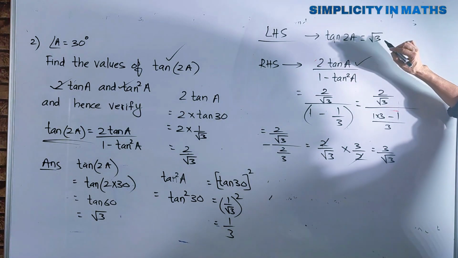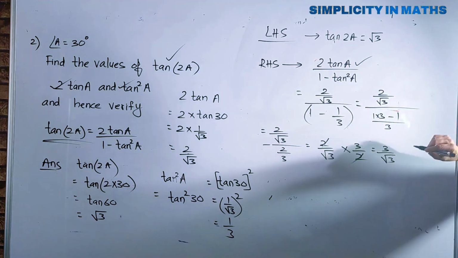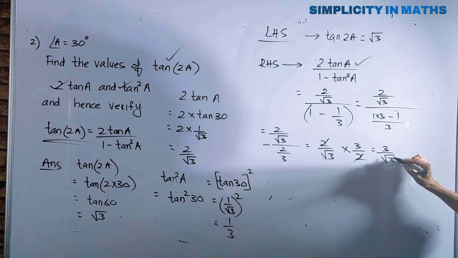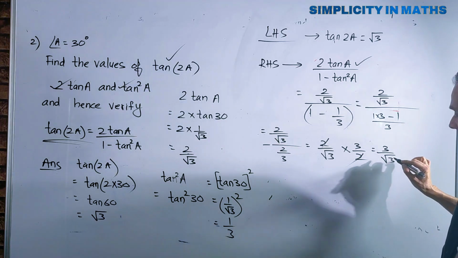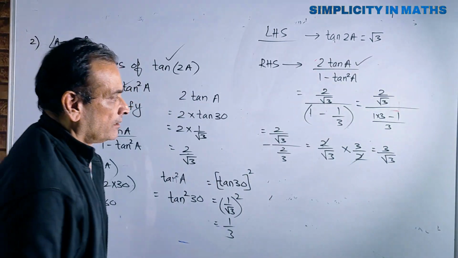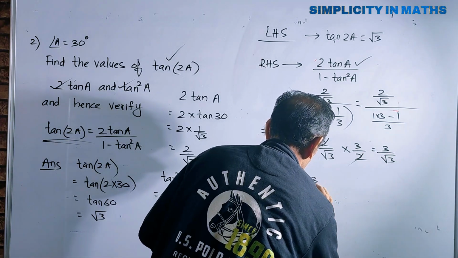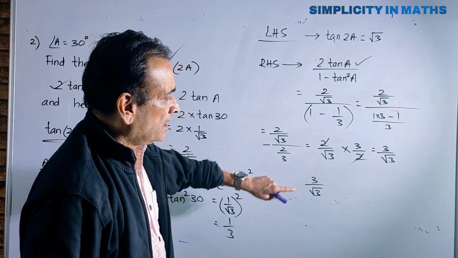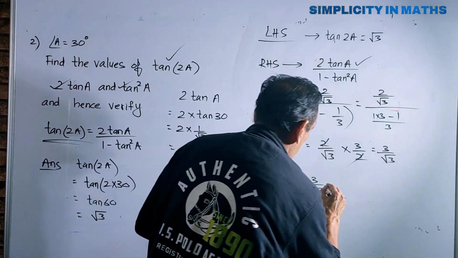We want LHS as root 3. We have got the answer 3 by root 3. Naturally, I will rationalize the denominator. How do you rationalize the denominator? Rationalizing of surds: multiply and divide by root 3.